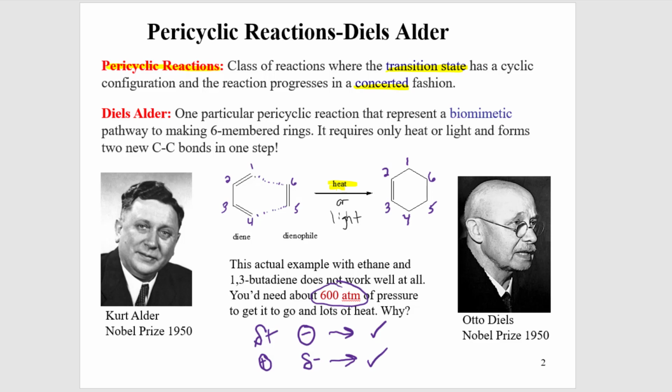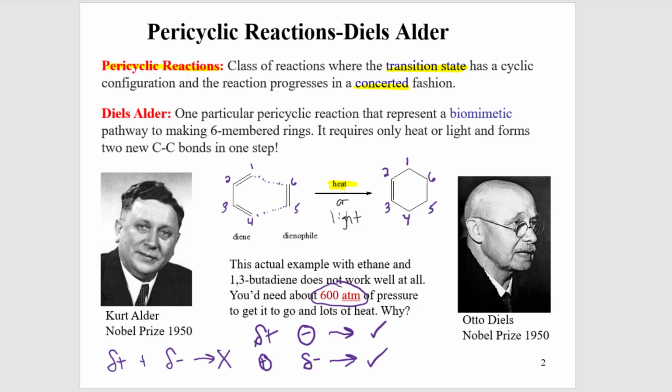Well, we saw that even with partially positive and partially negative, most of the time this didn't even elicit a reaction. So what hope does this reaction even have? I mean, look at the diene. Is there any polarity to it? Is there any part of the diene that's a little bit positive or a little bit negative? No. And look at the dienophile.